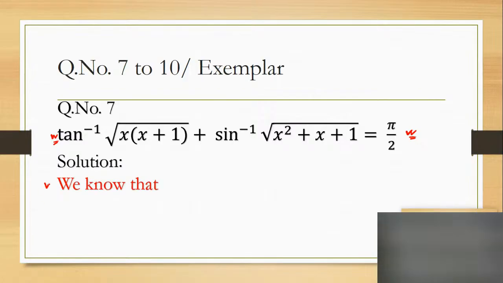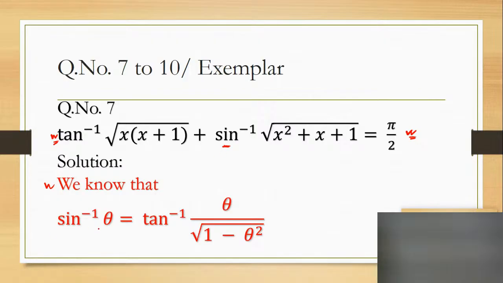We know that sin inverse theta equals tan inverse theta by root of 1 minus theta square. Instead of theta, we have x square plus x plus 1. Let's see the step.